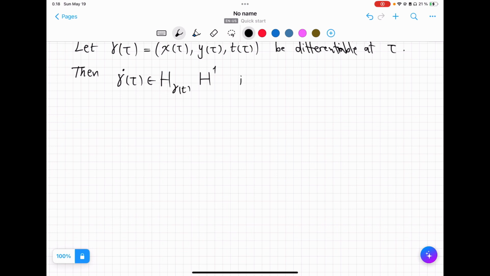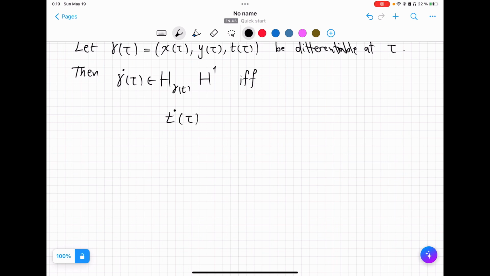This holds if and only if, well, we just write that condition I gave above with A, B, C and x, y, t. So when you translate it here, because the point P is gamma of tau and the vector also is in terms of derivatives of gamma, we end up having a combination of derivatives and the original values.